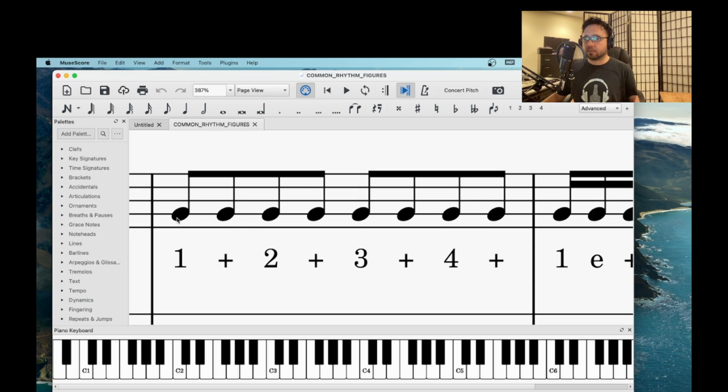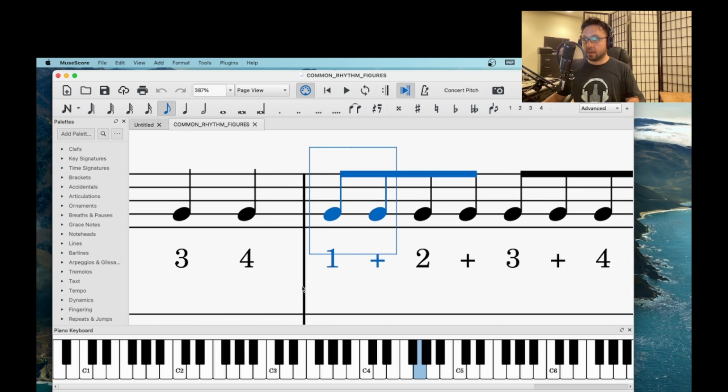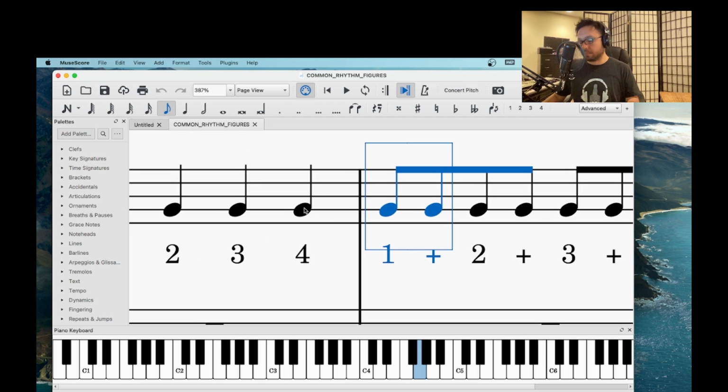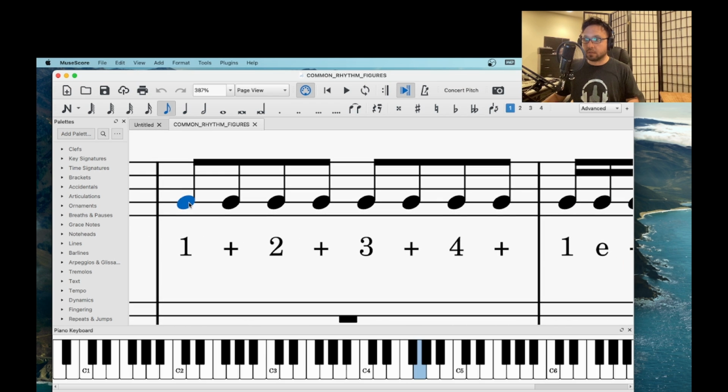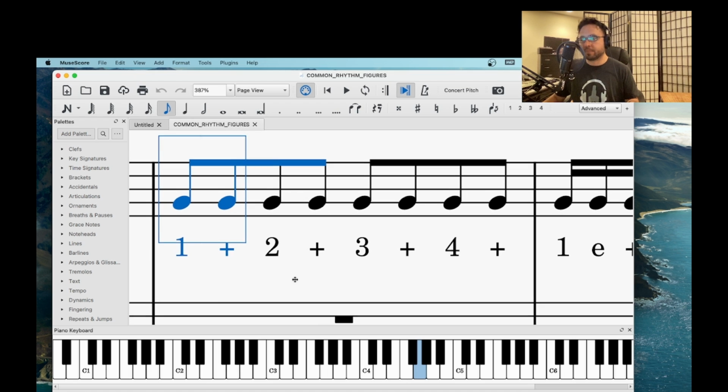Then the next one is subdividing the beat in half. In that case, we will have 2 notes. When you have 2 notes in a beat, each of these is called an eighth note. And that name comes from being the half of a quarter note. Half of a quarter is an eighth. So each of these takes 50% of the beat.